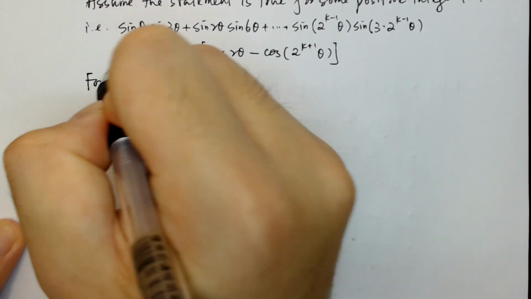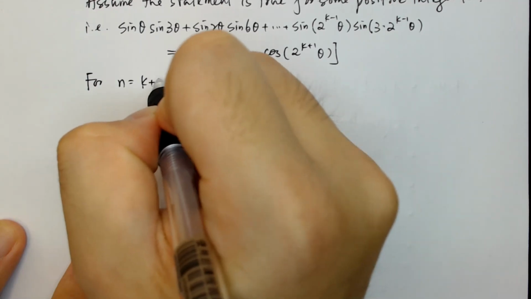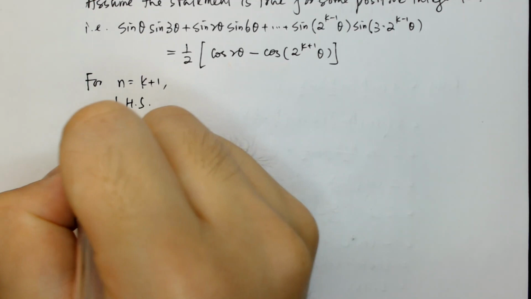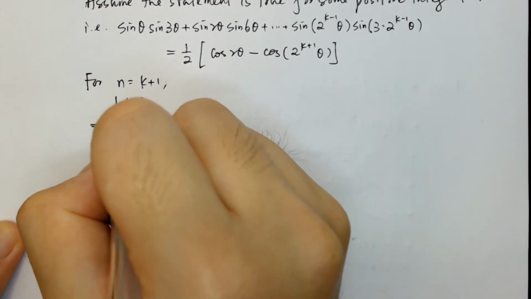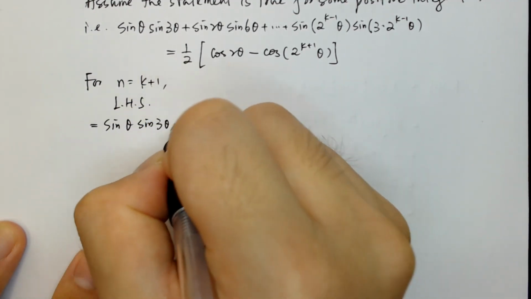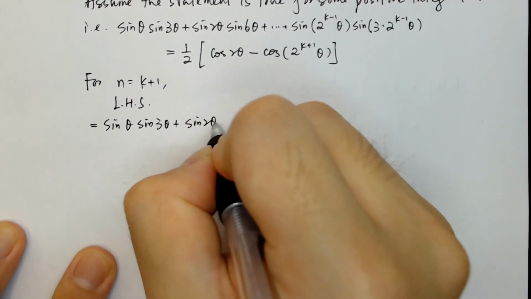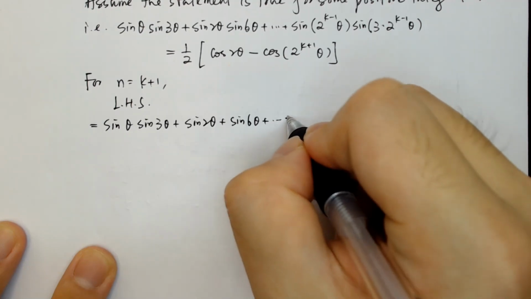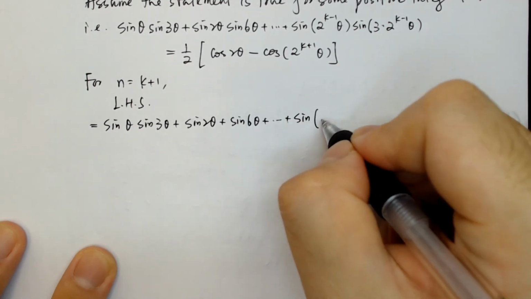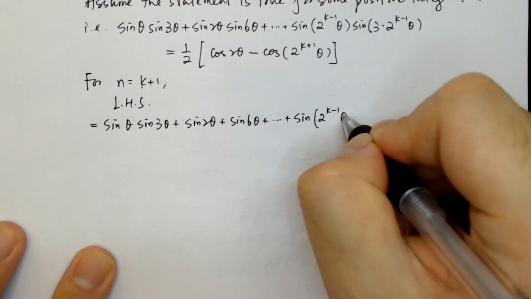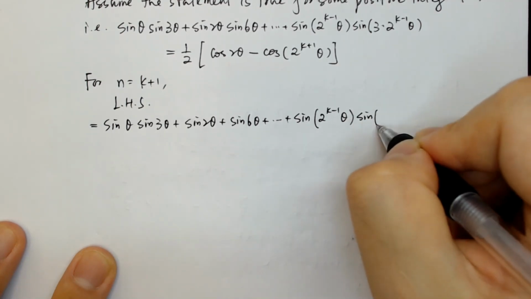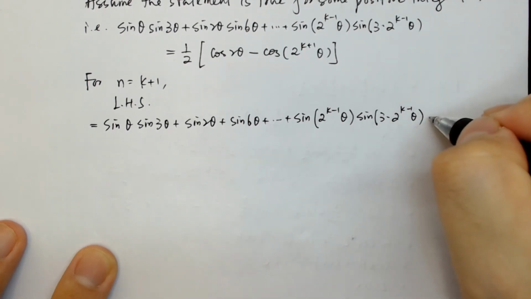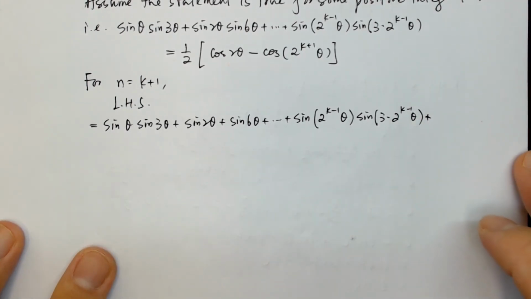So for n equals k plus 1, the left-hand side is actually something like this. And you still remember, I suggest you write literally the assumption you use, the terms that you use for the assumption, and then an additional term when n equals k plus 1.